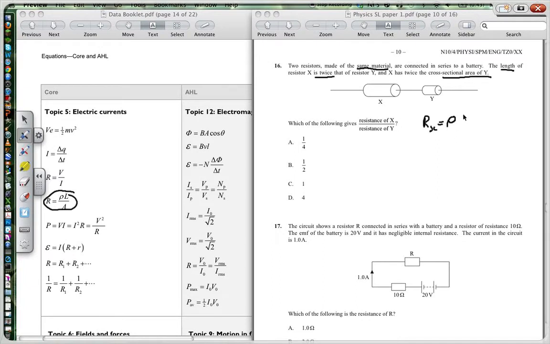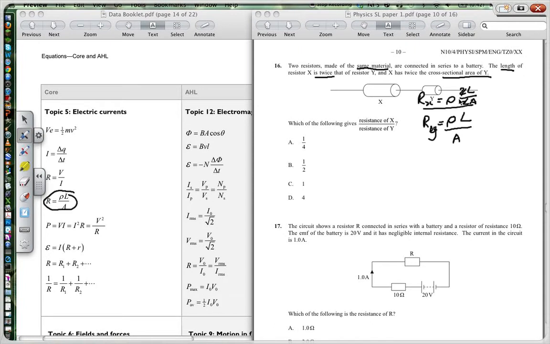Let's have the length L here and the area A. Perhaps I should make this for Y, that would make it easier. So that's Y, and then for the resistance of X, that's also going to be rho, but now we've got double the length, it's 2L, and double the cross-sectional area, so it's 2A.